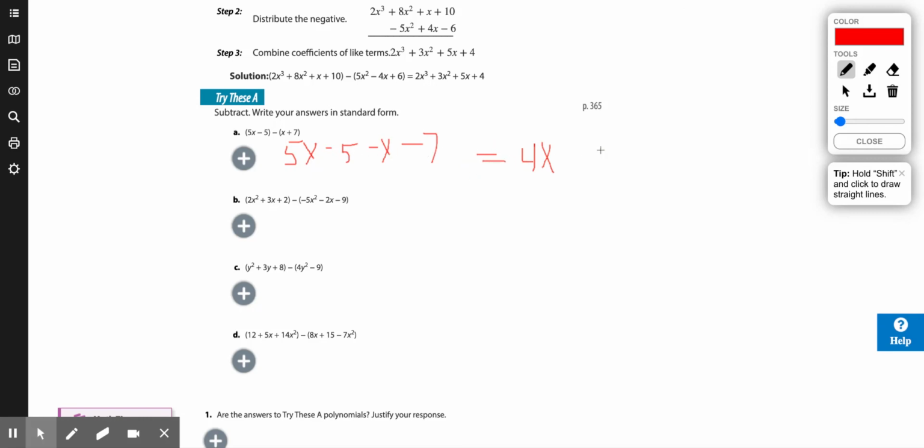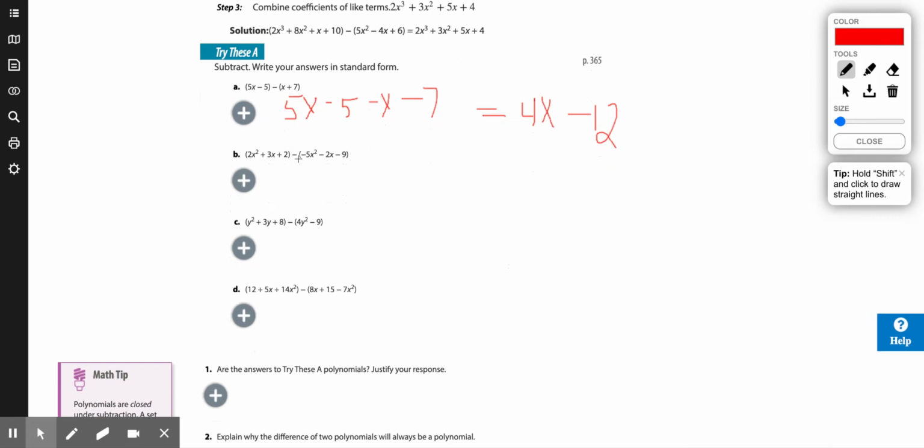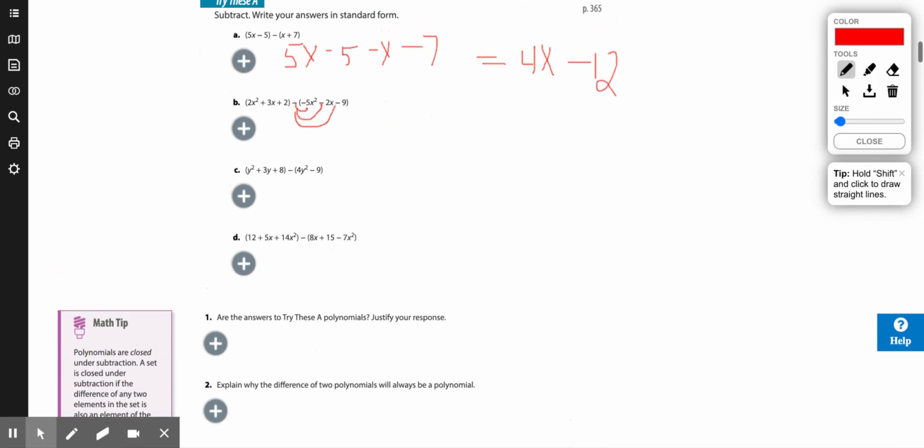Negative 5 minus 7 is negative 12. 4x minus 12. Pretty simple. Just remember to distribute this negative sign to everything in the parentheses. 2 negatives make a positive. And then combine normally.